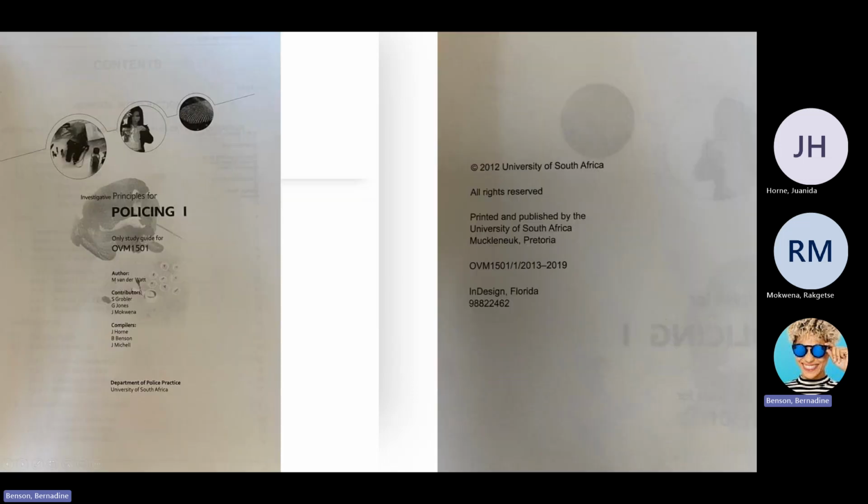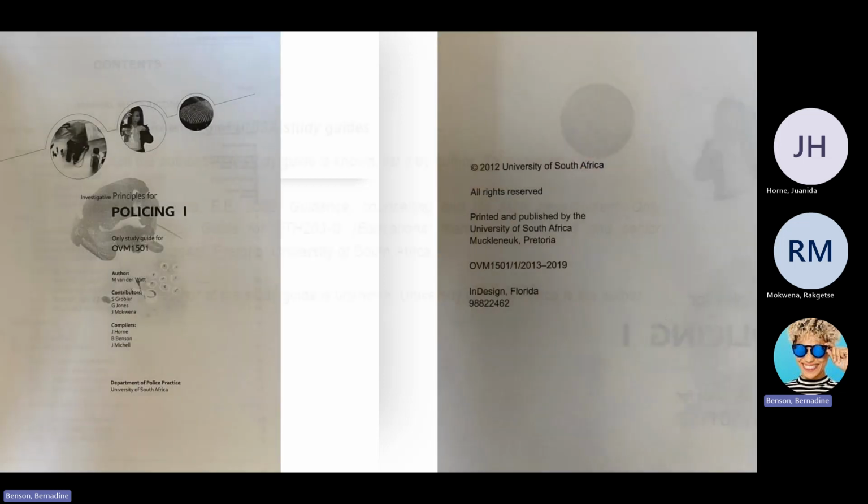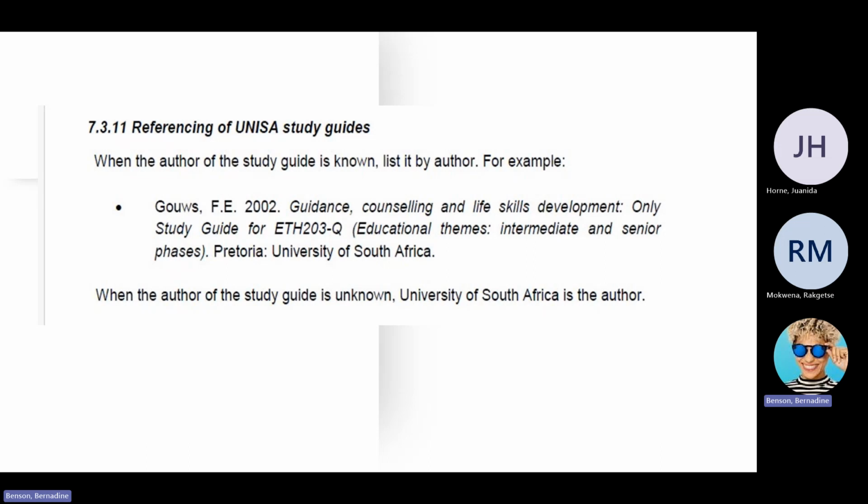So ours would then read investigative principles for policing, colon, space, only study guide for OVM 1501, and we would not have that second part, the educational themes, in the text. Then you would have a full stop.